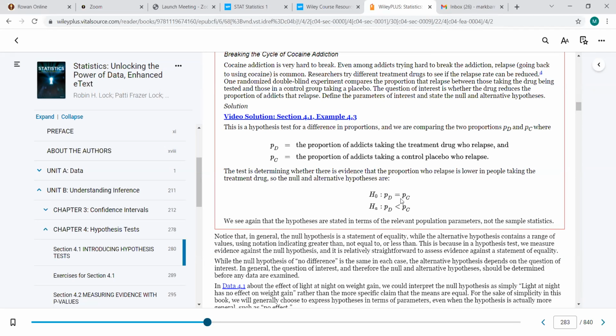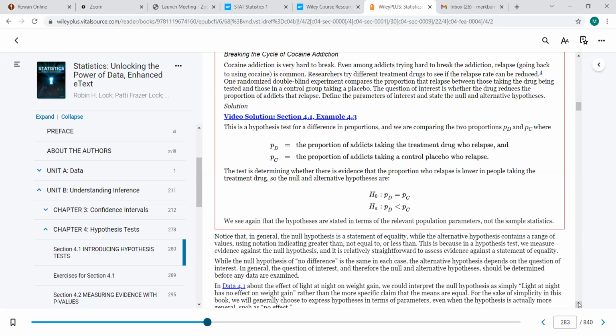Notice that in all three cases, the null hypothesis always says equal to. All right? So that's one of the rules when you create hypotheses: the null hypothesis says equal to, and the alternative hypothesis will either say less than, greater than, or not equal to, depending on the wording of the problem.